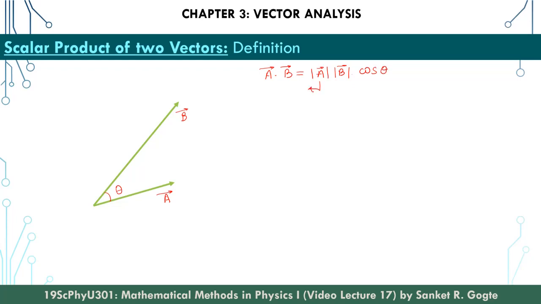Here mod A is the magnitude of vector A, mod B is magnitude of vector B, and theta here is the angle between the two vectors. Now by definition this product of two vectors is a scalar quantity, and therefore it is called the scalar product of two vectors. So this is how scalar product is defined.